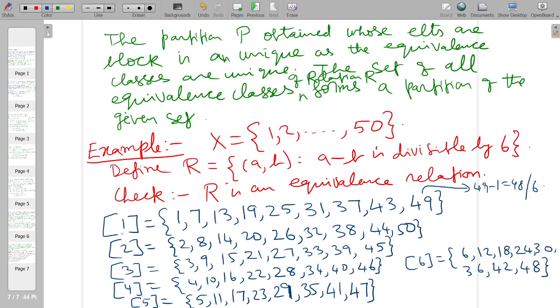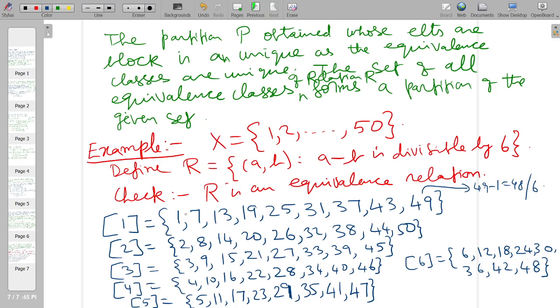You can see that these 6 equivalence classes form a partition. That is, if you take any element in X, it will be in exactly one equivalence class, and therefore when you take the union of all these 6 subsets, namely the equivalence classes, you get the required set capital X. So this is an example of how the equivalence classes form a partition of the given set with an equivalence relation.